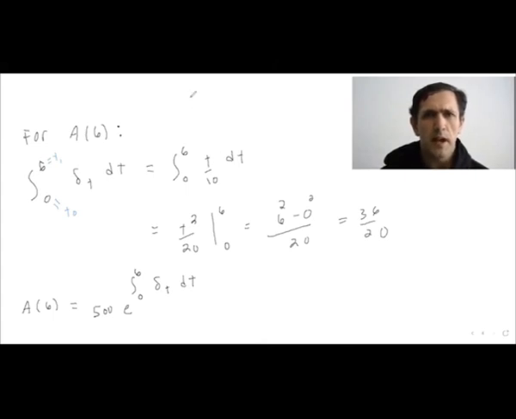And this is t over 10, but I'm just plugging in for this integral here. So we got it as 36 over 20. So it's 500 e to 36 over 20. And because I don't have to do anything further with this amount, I'll just round to the nearest cent: 3,024.82.